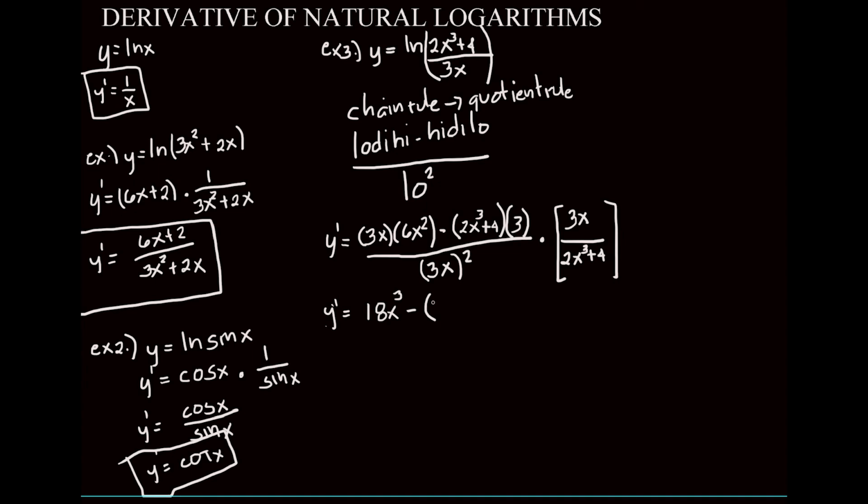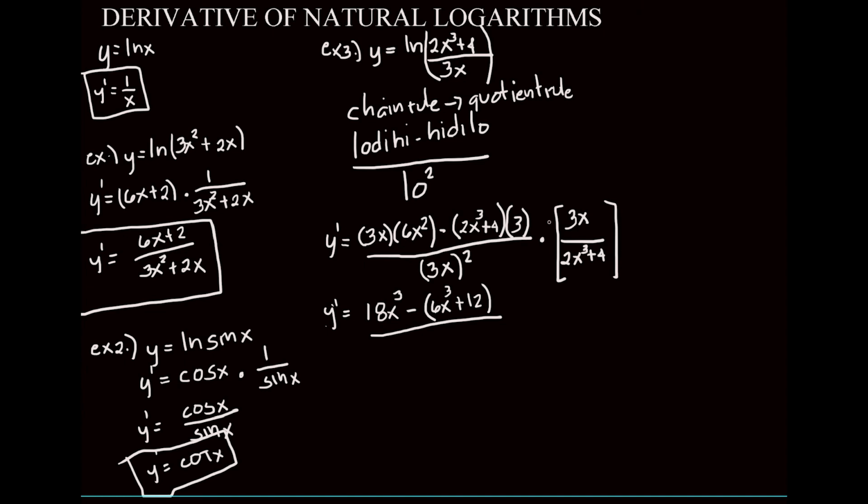So we now have 6x cubed plus 12 over, we have 3x quantity squared at the bottom, and we also have 3x on top.